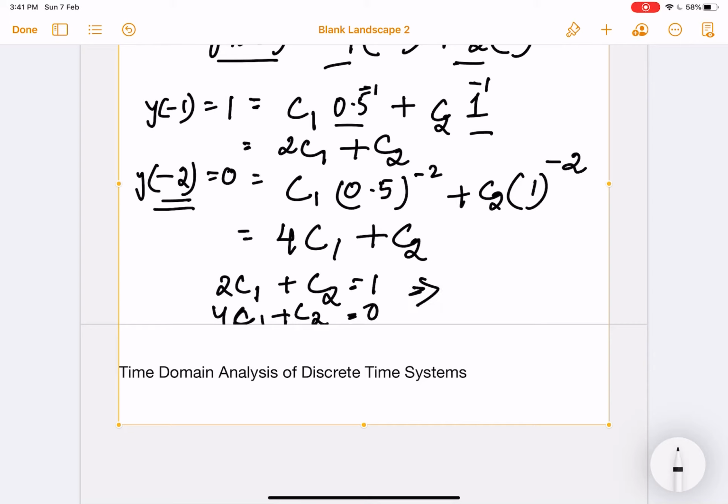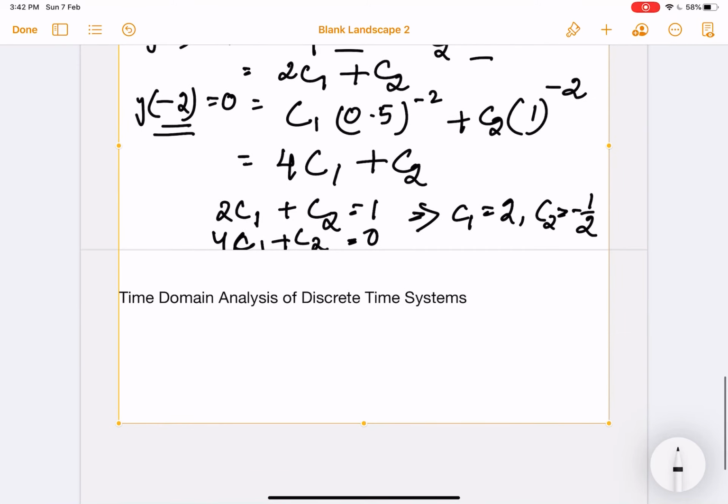From here, we just place the C2 value from one equation into the other, and we plainly get C1 as 2 and C2 as minus half, or minus 0.5.